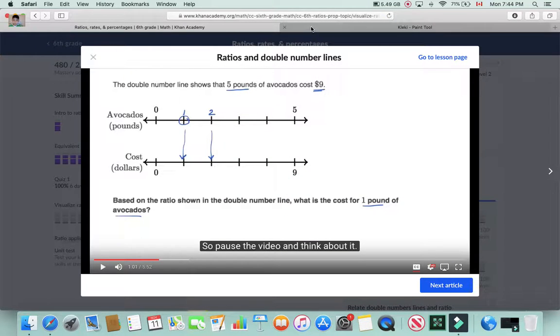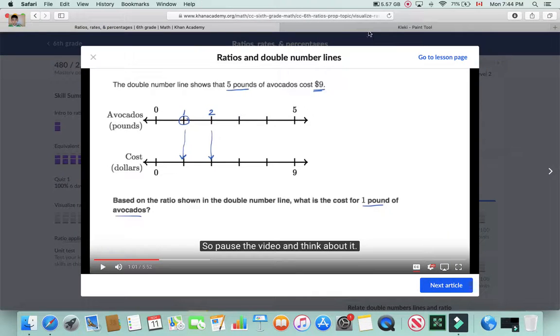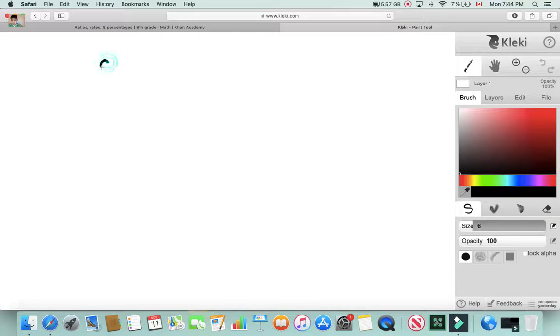Okay, so anyways, based on the ratio shown in the double number line, what is the cost of 1 pound of avocados? Basically, what they're saying right now, 5 pounds of avocado costs $9.